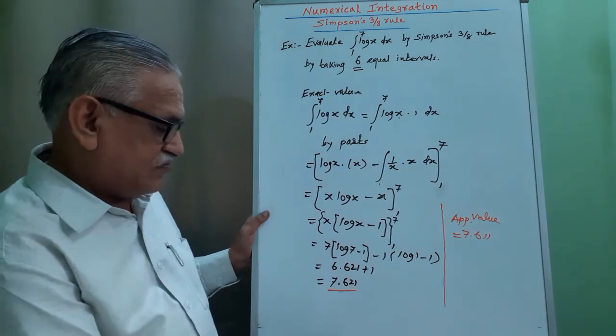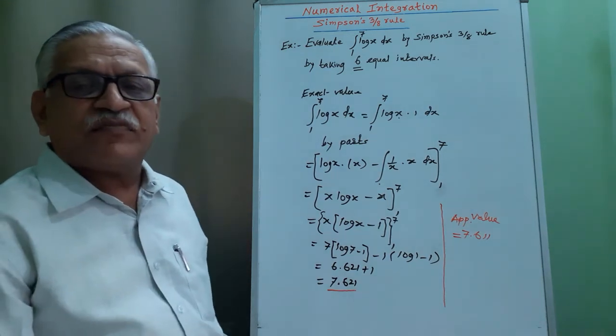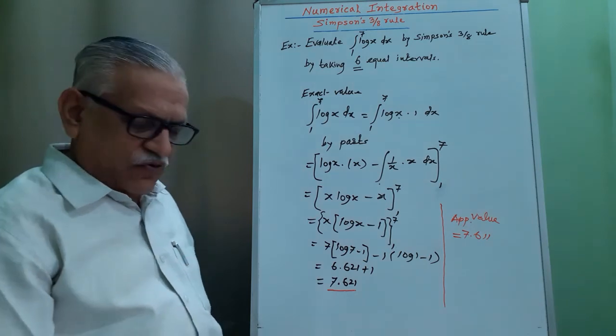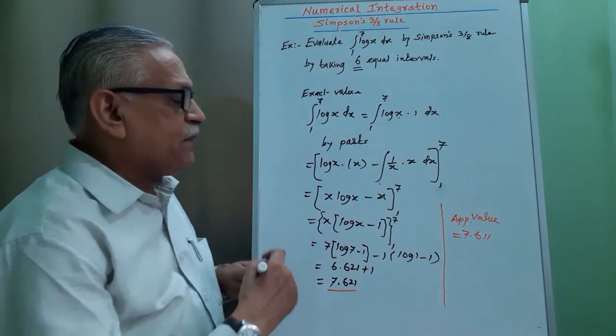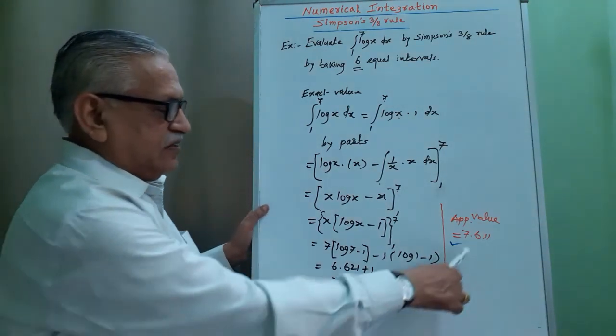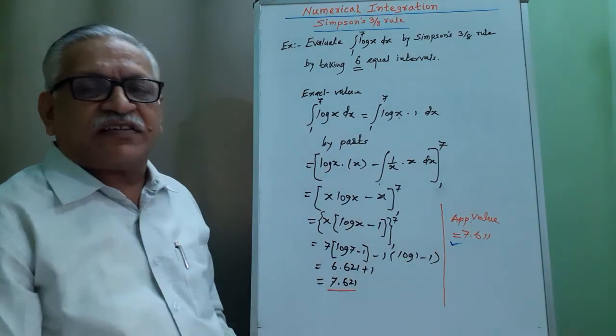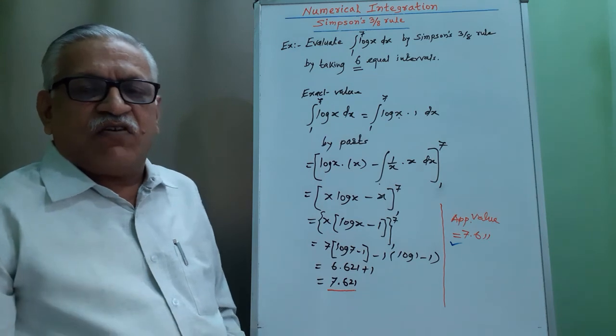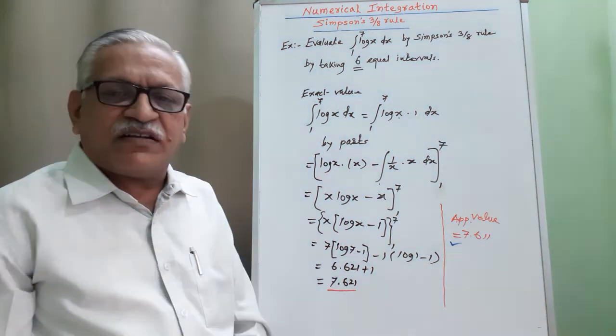The difference is 0.011, a very small difference. Therefore, the value obtained by Simpson 3/8 rule is the correct one. It is nearly equal to the exact value. One more example I will discuss in my next video.